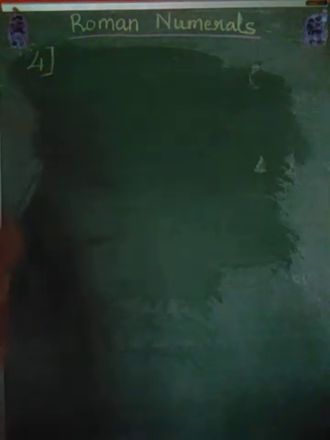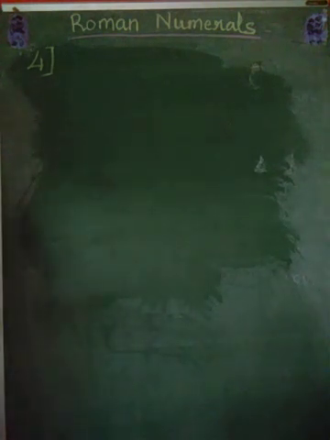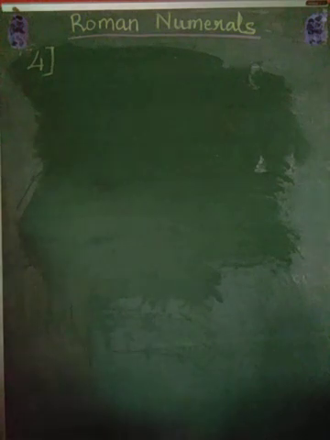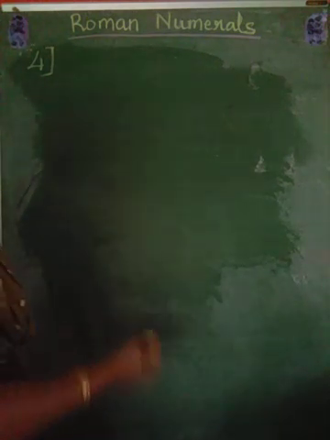Rule number 4 says that when I is written on the left of V or X, then its value is subtracted from the value of V or X. However, the symbol I is not written more than once before V or X. Now what does this mean?